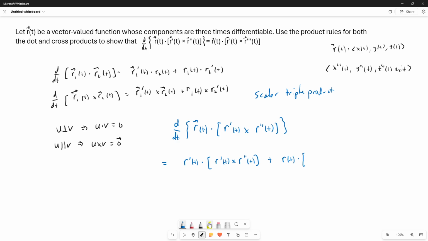So let's insert a differentiation operator, d over dt, and then R prime cross R double prime.